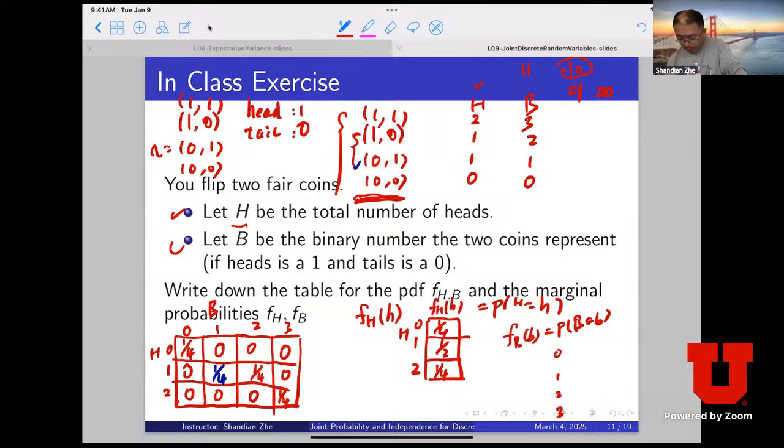B equals some value, right? 0, 1, 2, 3. Okay, so what is the PDF of B at 0?